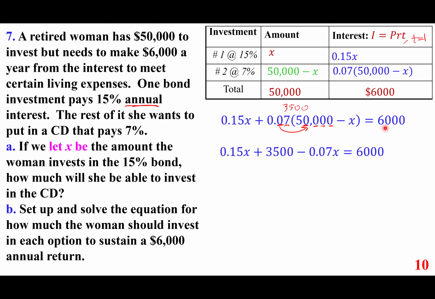We are going to combine these two into 0.08x. Subtract 3,500 from 6,000 to get 2,500.